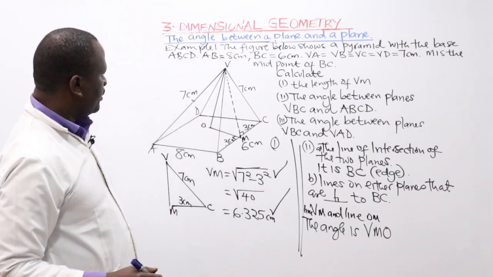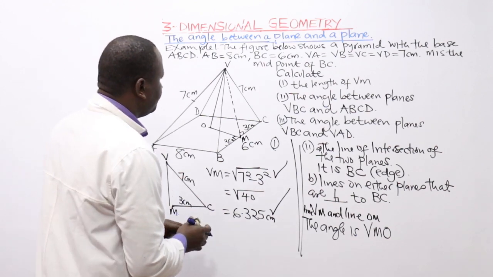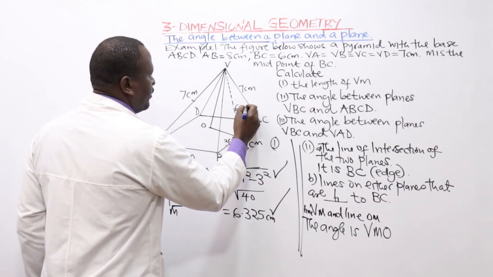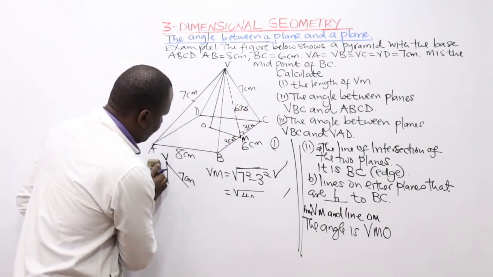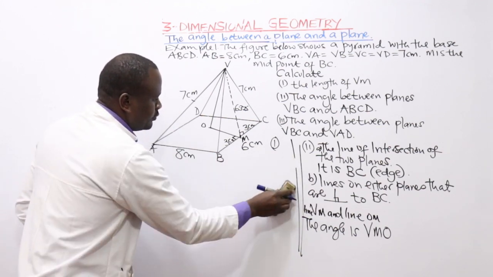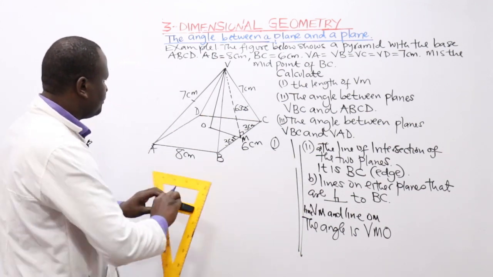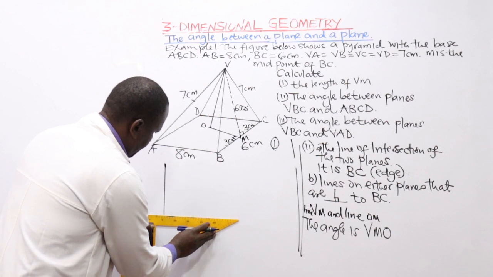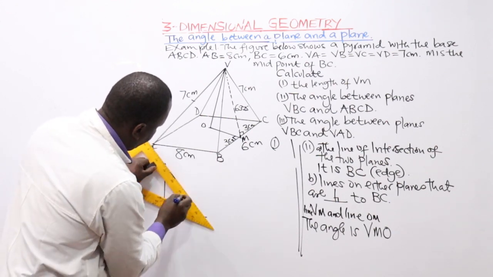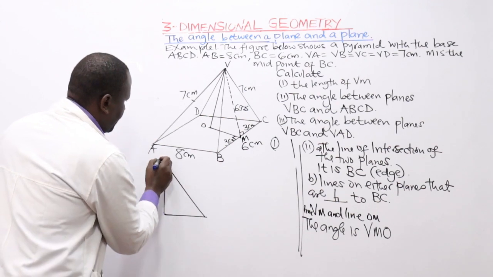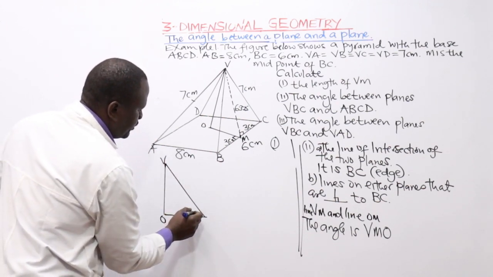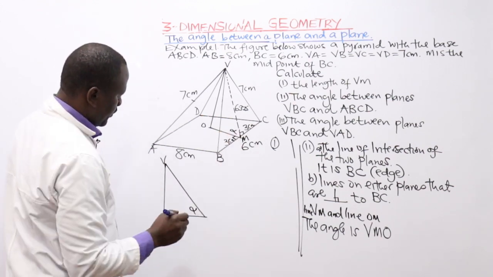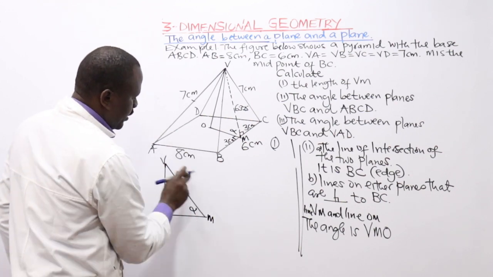Now, since we already have this as 6.325, we can now look for that angle. This is V, O. This is our angle, VMO.